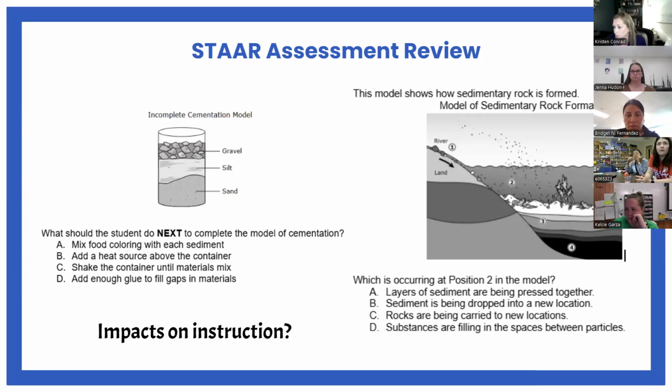So the answer to this one is going to be B, sediment is being dropped into a new location. And so again, this is a perfect example of a model, right? It's just a diagram of all of the things that happen to create sedimentary rock. And when you see some of our models that we're going to be doing with you, you'll see that this is going to be part of what happens.